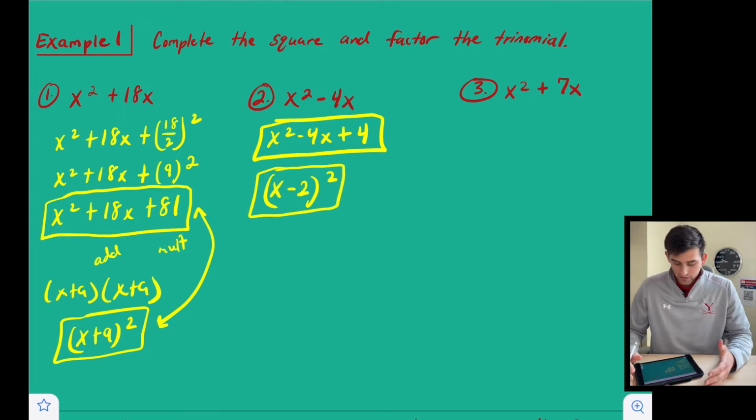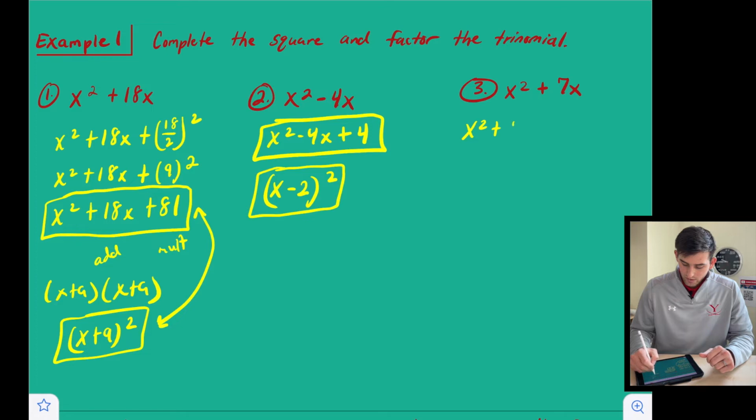All right, for number 3, notice that we have a b value that is odd, so we have 7x. Once we divide 7 by 2, we're going to get a decimal or a fraction. Let's leave it as an improper fraction. So we say x squared plus 7x plus b divided by 2, so 7 over 2 squared.